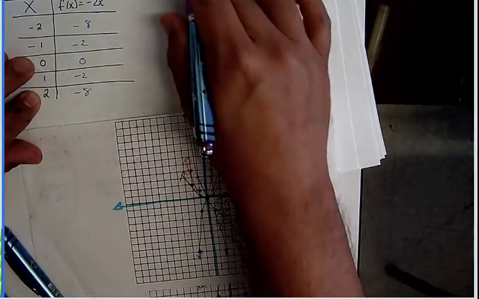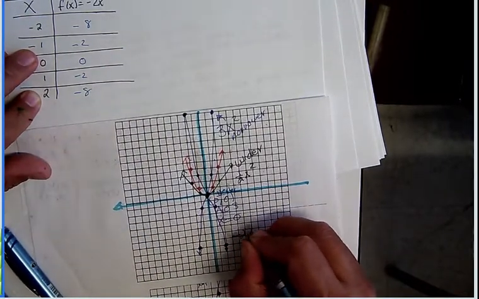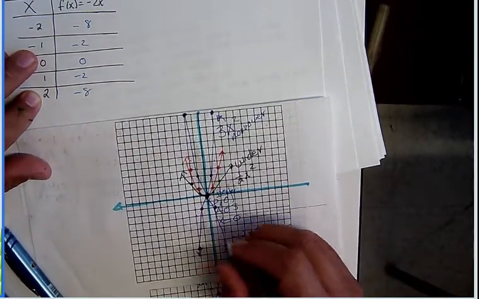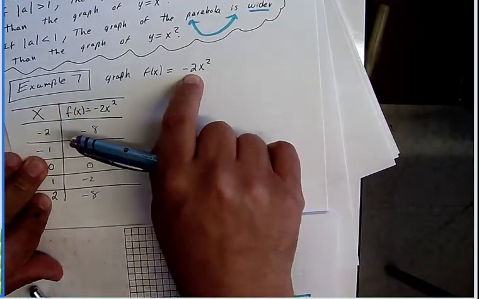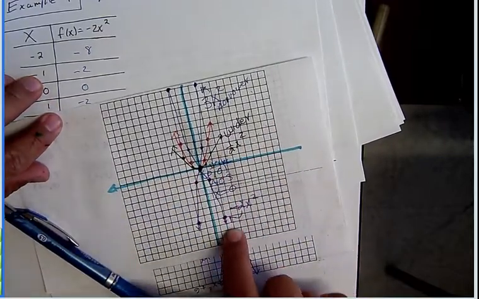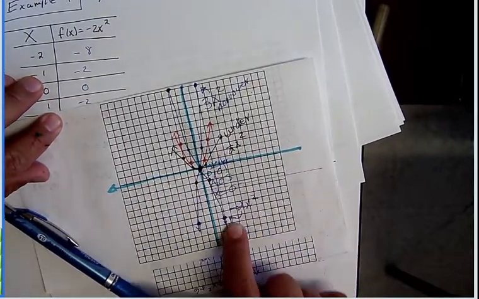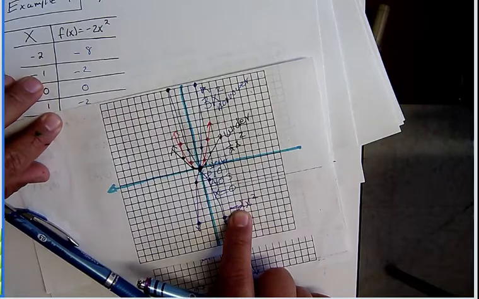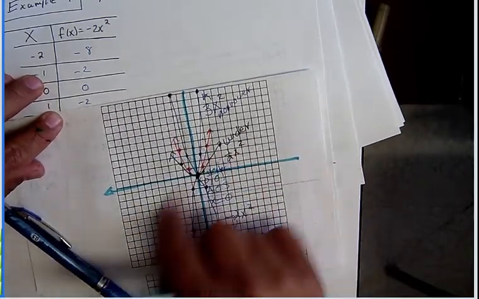So when the a is negative, so negative 2x squared, the parabola opens down. That's all I wanted you guys to see. So when that's a negative, the parabola opens downward. Hopefully you guys remember that.